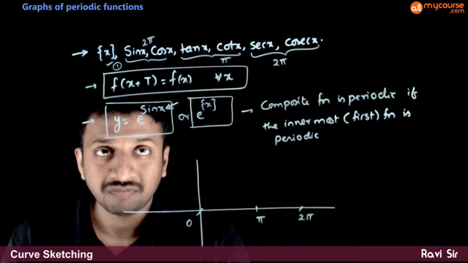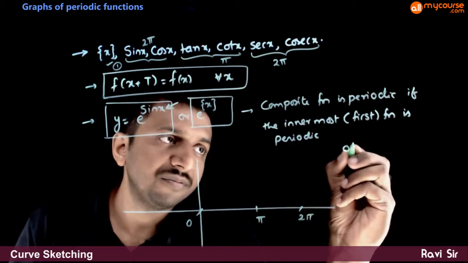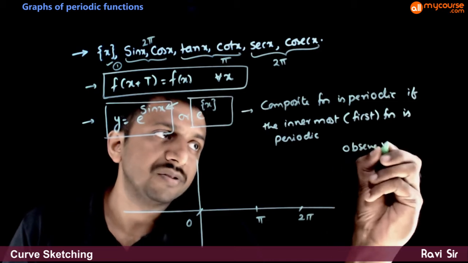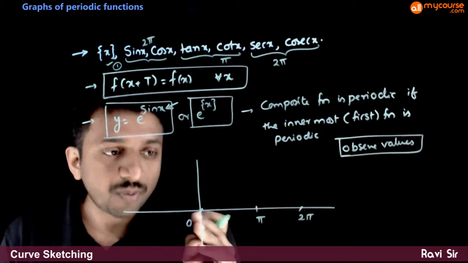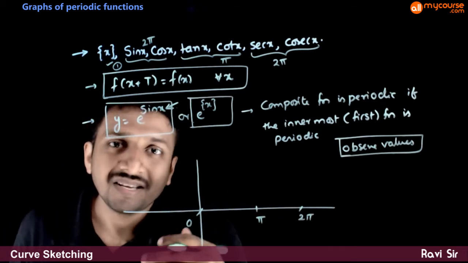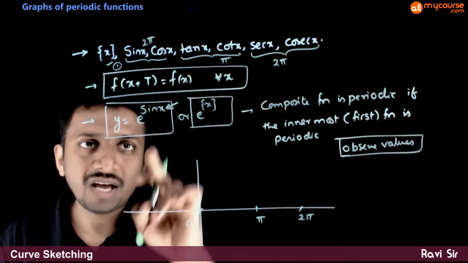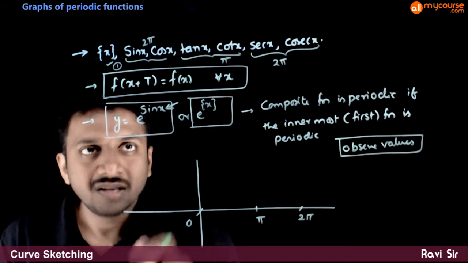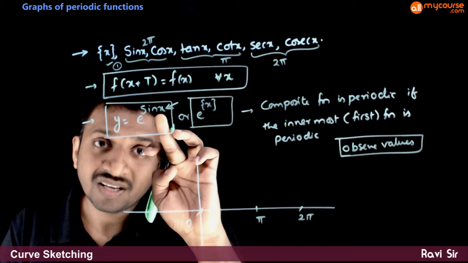So what we do for general functions is we observe values corresponding to different values of x. That is, we draw a table. Now if you have e power sin x, at x is equal to 0, we know that sin x is equal to 0.